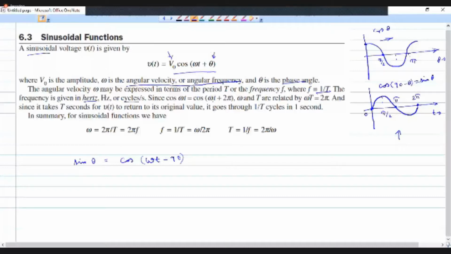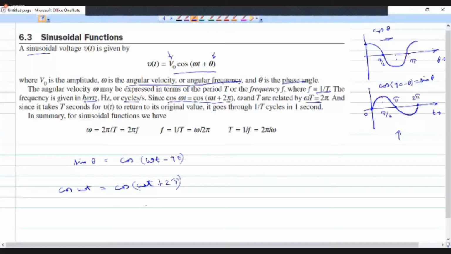We can also write that cos theta is a periodic function. So we can write cos of omega t equal to cos of omega t plus 2 pi, right? If we add 360 degrees to this cosine, it will have the same value. Omega and T are related by omega T equal to 2 pi.